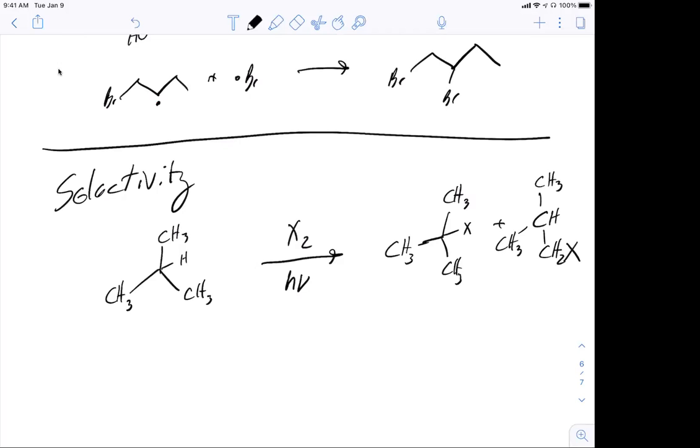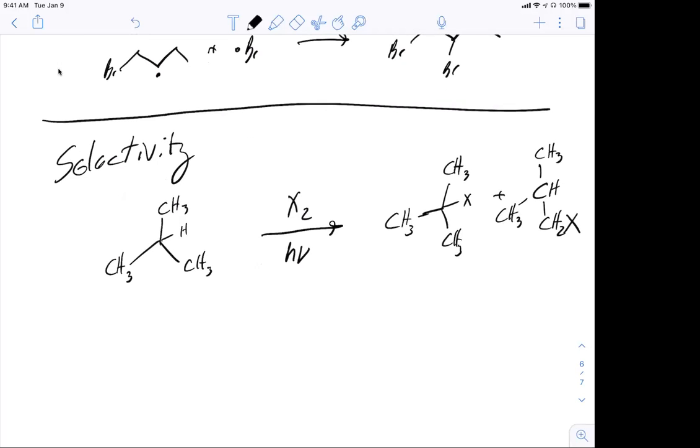So, monohalogenation here gives us two possible products. If we look at just statistics, there's only one possible hydrogen that I can extract from the tertiary position in the middle, but there's actually 9 that I could extract from the primary position.